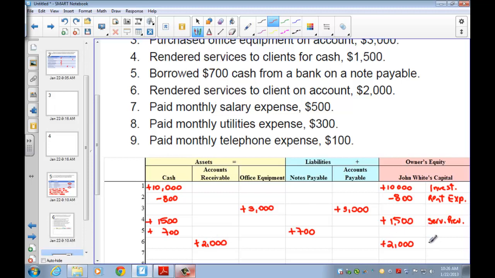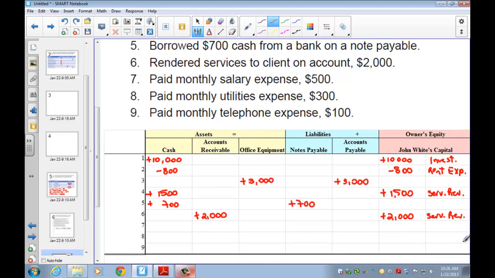This is service revenue. So transaction number 7, he paid a monthly salary expense of $500. So that would decrease cash by $500, and it will decrease John White's capital by $500.